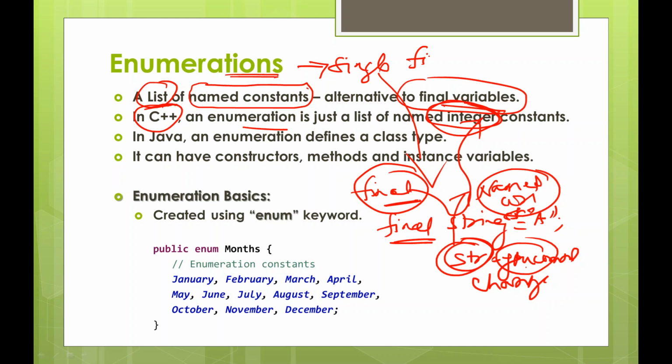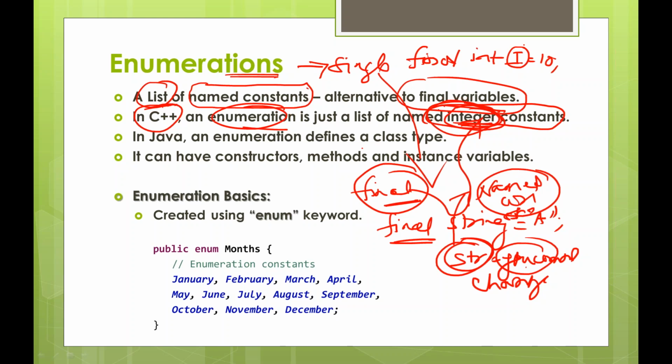For example, we create a constant like final int i is equal to 10. Wherever you want to use 10, you can use i. Similarly, the only type allowed, at least in C++, is integer. You can use only integer constants for named constants.